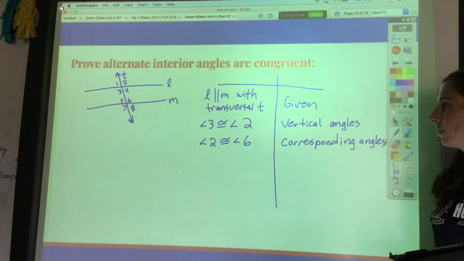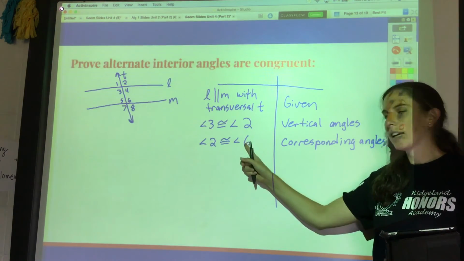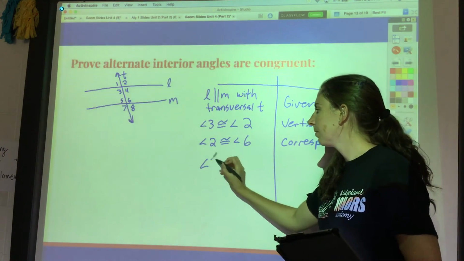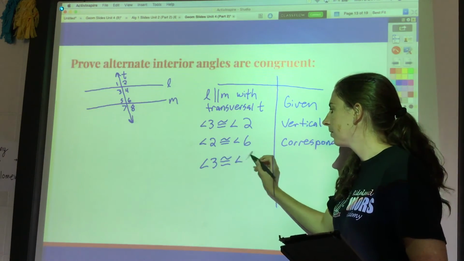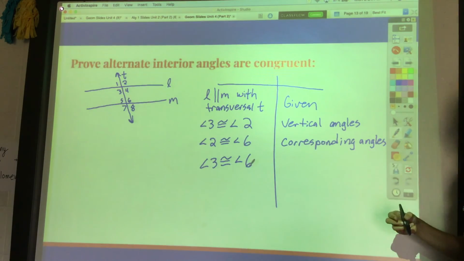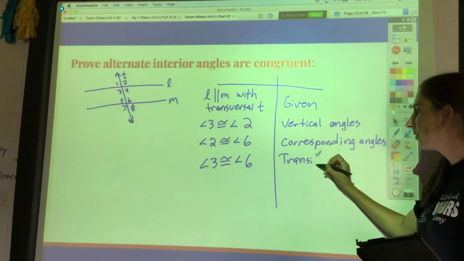And that's pretty much it. If 3 is congruent to 2, and 2 is congruent to 6, then 3 is congruent to 6. And there you go. This has a name. We've mentioned it before. It's called the transitive property.